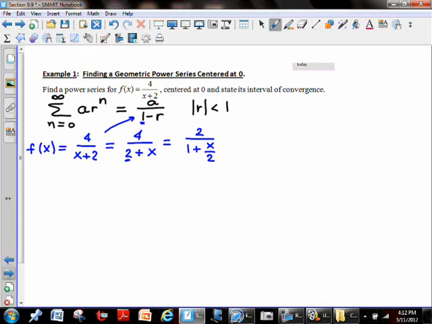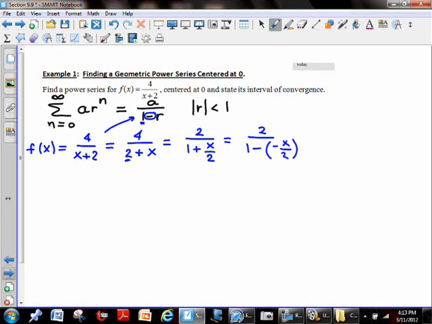Next, you'll notice that with all geometric representations, you do need to achieve this minus sign in the middle. We do not have that at this particular case. But once again, a pretty easy manipulation will take care of that. Change that plus to a minus. Just make sure that you offset that change by making your quantity x over 2 a negative.